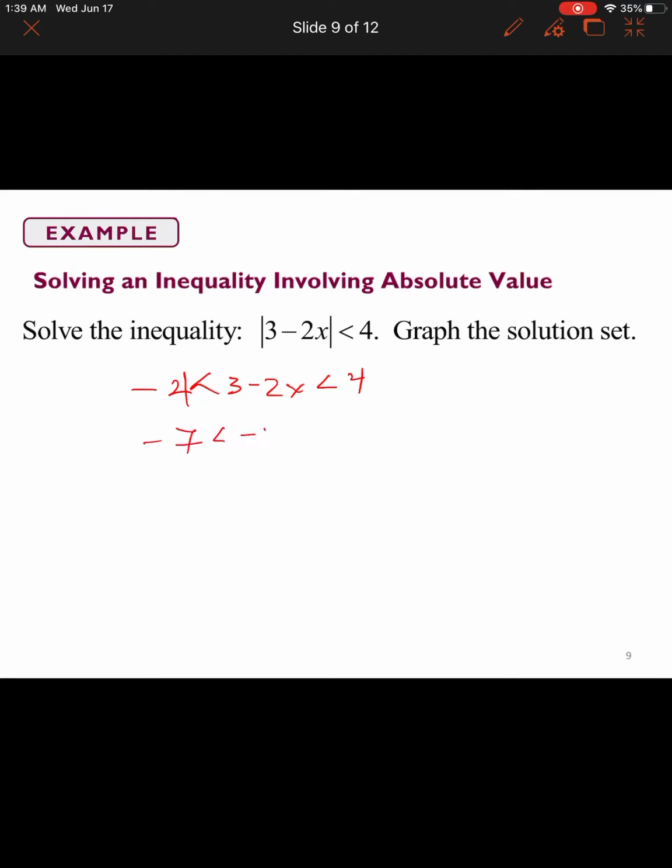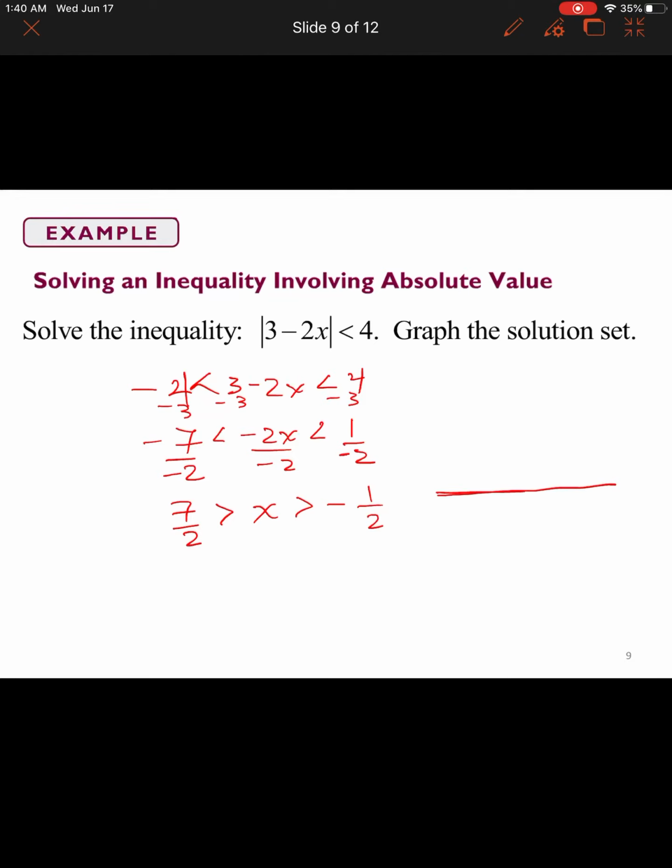And then solve that guy. -7 is less than -2x, it's less than 1. Because what we did was we deducted 3 from everybody, and then we divided everybody by -2. But we did it across an inequality symbol, so that symbol flips all the way through.